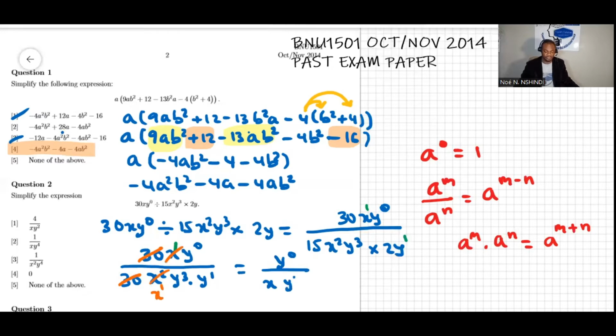Oh, y to the power of 0, we did work it out. We said it's 1. Y to the power of 0 is just 1, and then y to the power of 4, because we add the exponents there. Now that's the correct answer. It is actually alternative number 2. So this is alternative 2.